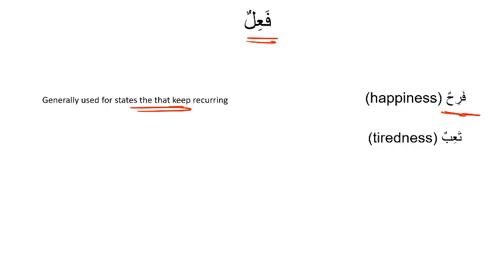If you want to describe that feeling or that state, then we generally use the pattern fa'ilun. Or tiredness. We are not always tired. We are sometimes tired and sometimes we are not tired. So ta'ibun. All right, so that's the fa'ilun pattern.